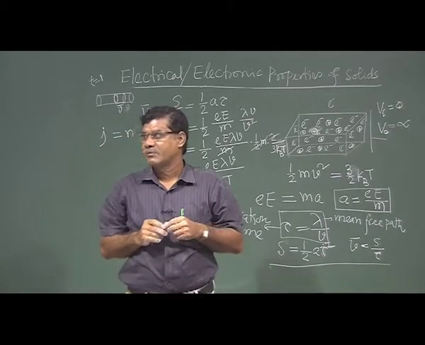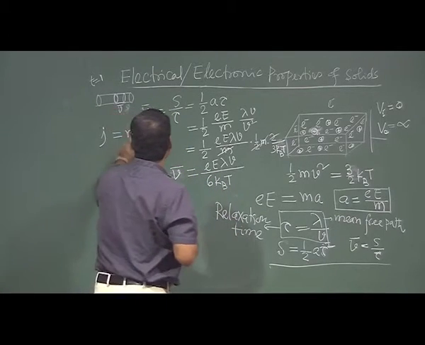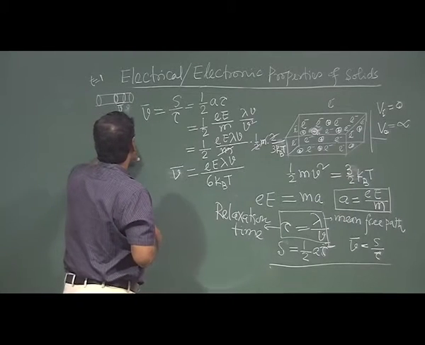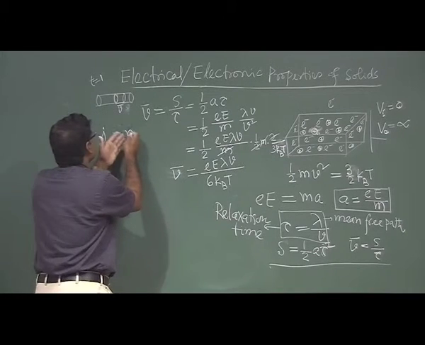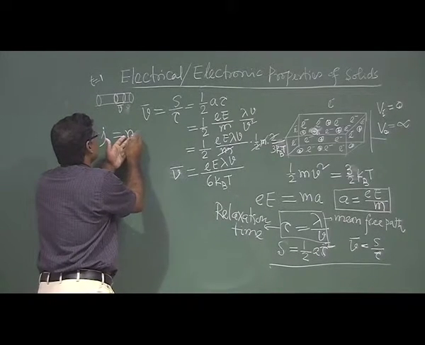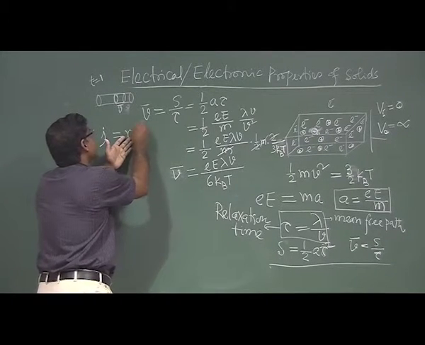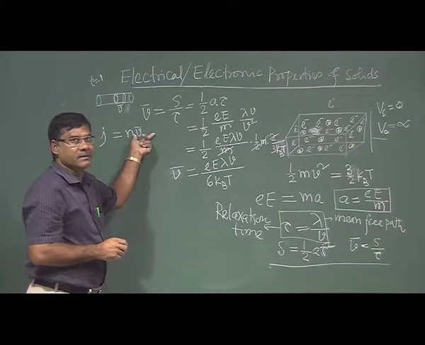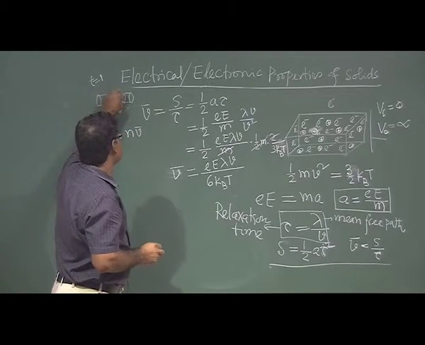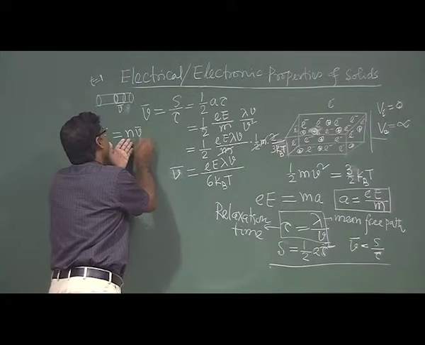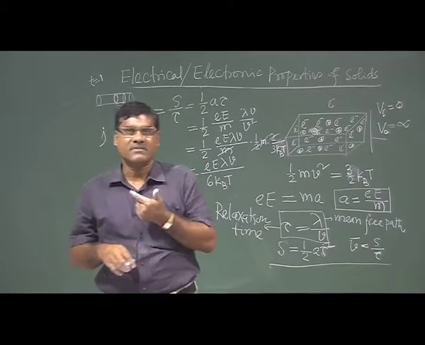So, v bar will be the volume, right, and in that volume, if the number density of electrons is n, how many electrons will be in this volume? n v bar electrons. Into the charge, which is e for 1 electron.